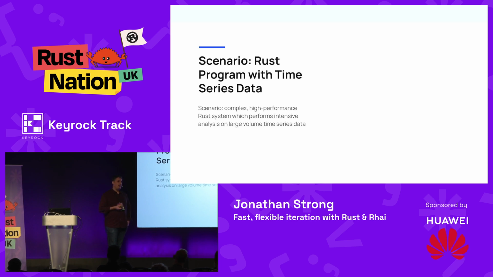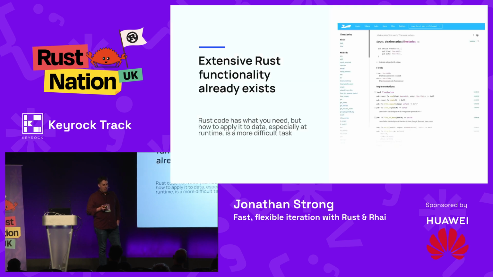So you have this need to access the data. You want to be able to inspect the state of the system at runtime. And let's say this system already has a lot of functionality for how to analyze or look at that data.